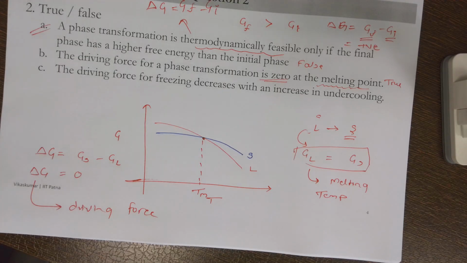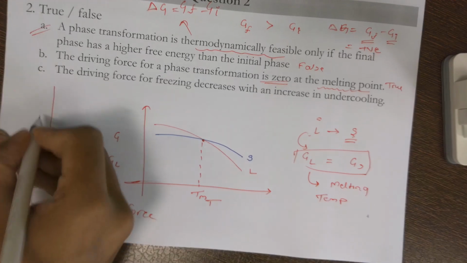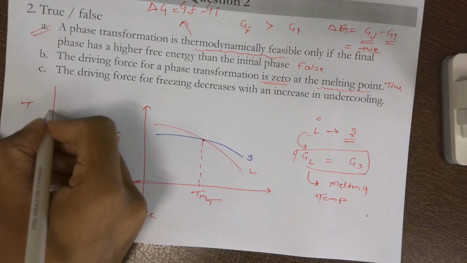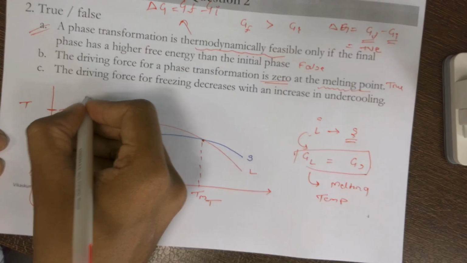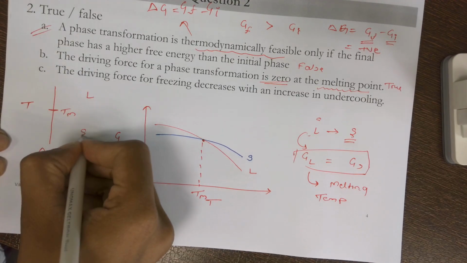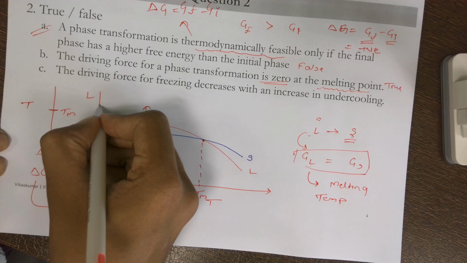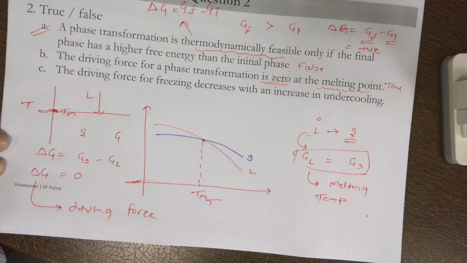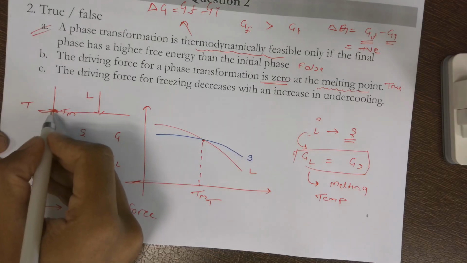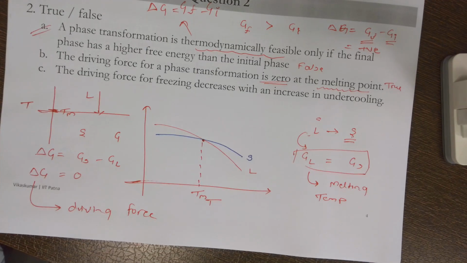For example, you took the liquid, coming from high temperature. Let's say this is the temperature axis and this is the melting point. Above this temperature is liquid, below is solid. You are coming from liquid to the solid part, but you stop at this particular temperature. Now your liquid is not going to transform to solid.